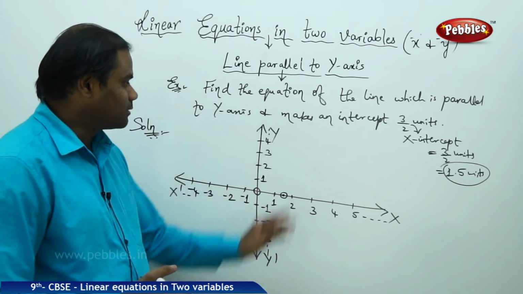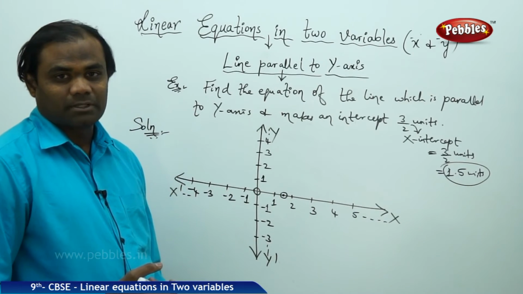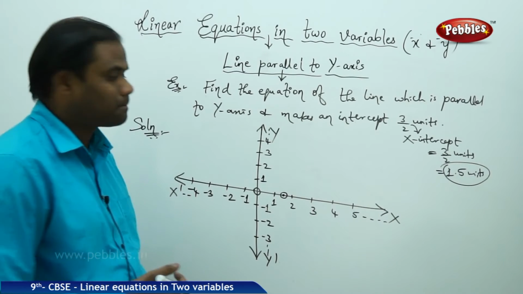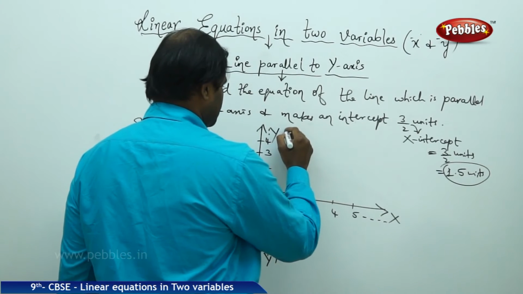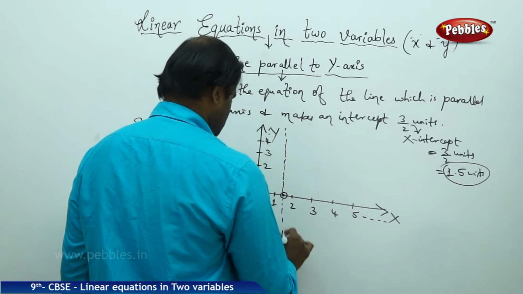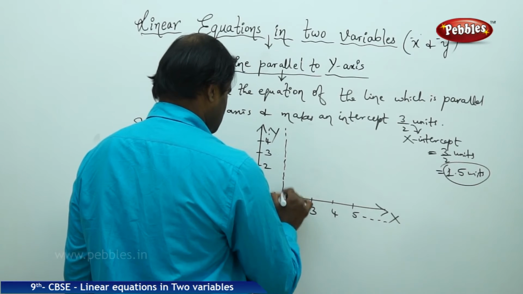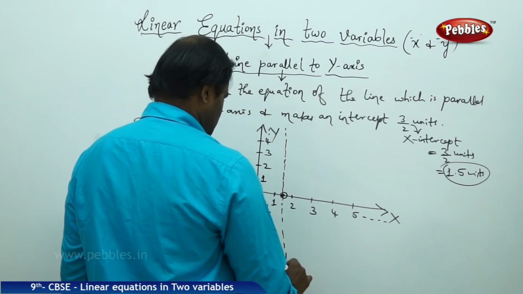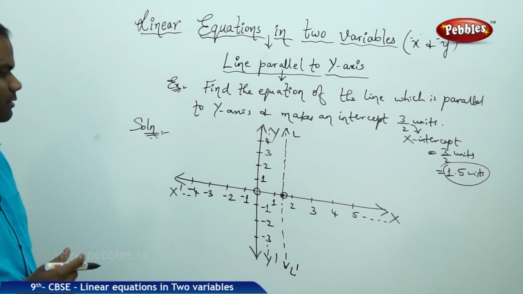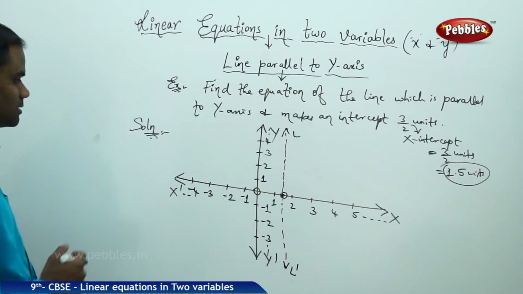So let's draw a line parallel to y-axis and passing through the x-intercept 1.5 units. This is the line, L dash, which passes through the x-intercept.